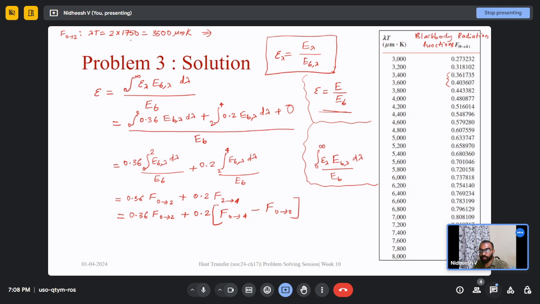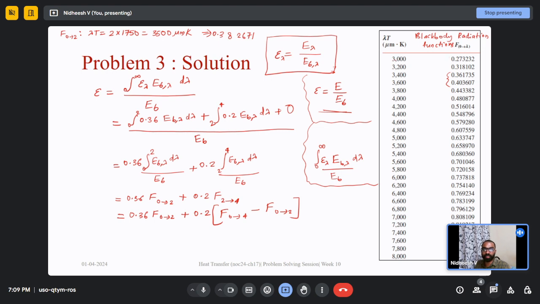We will get 0.382671. Yes, actually these values will go in increasing order.